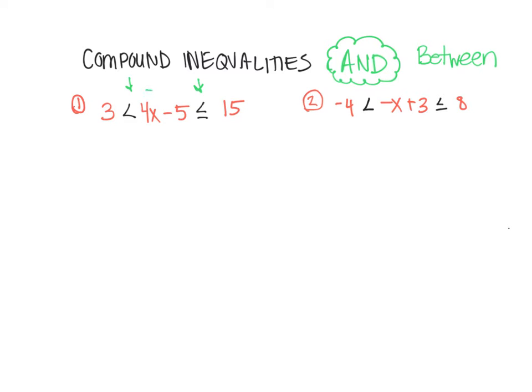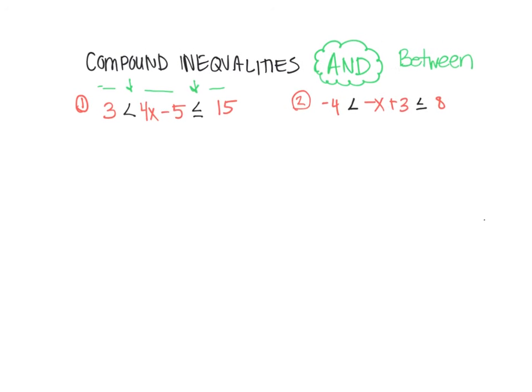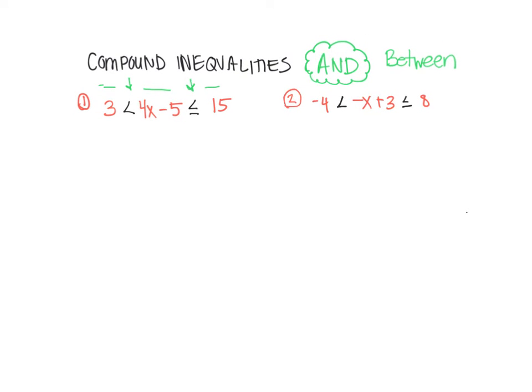We have a middle part to the inequality, and then a right side and a left side. What might be helpful is if sometimes you just cover up everything that is on the left side of the inequality, and so what you see is 4x minus 5 is less than or equal to 15.